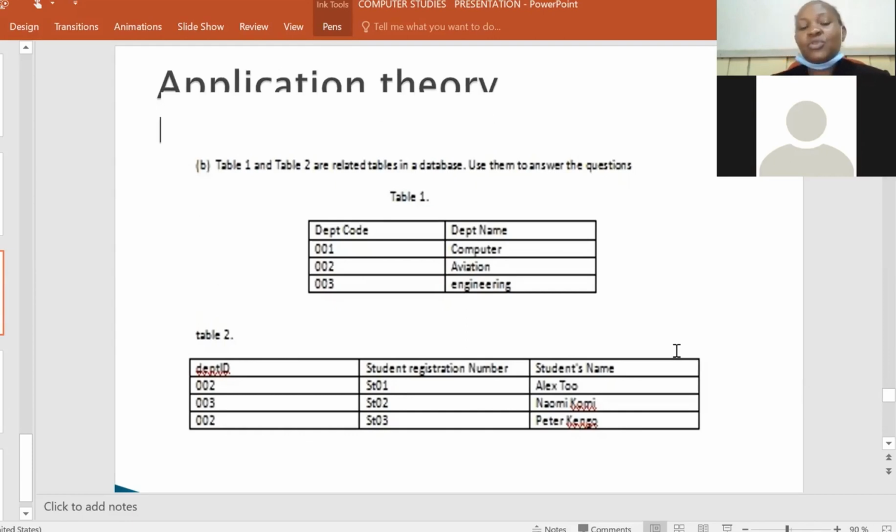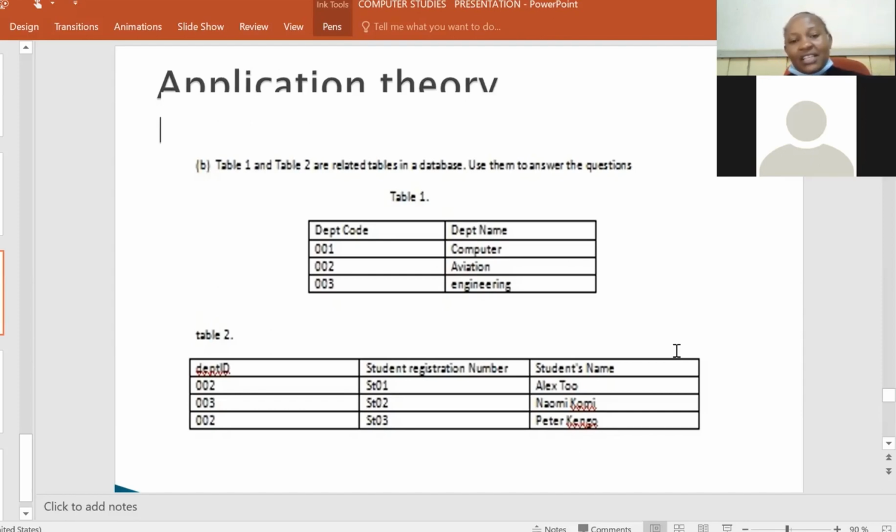As I've said, the two tables are going to be related using the department code and the department ID, and when you are creating your relationships here, it's when you enforce the referential integrity. What are the benefits of enforcing the referential integrity in your relationships?